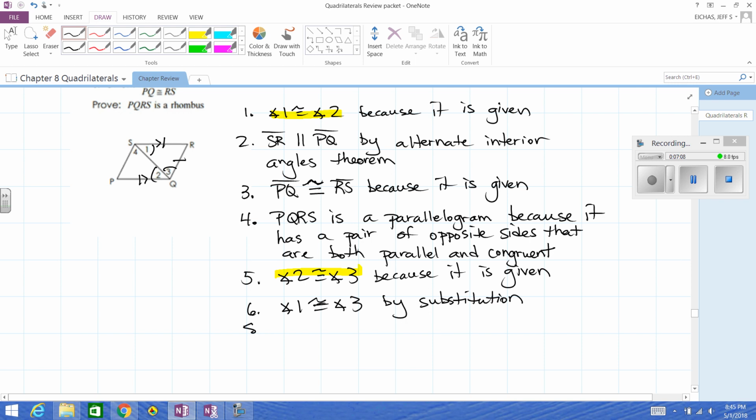Which makes SR congruent to RQ by base angles theorem.